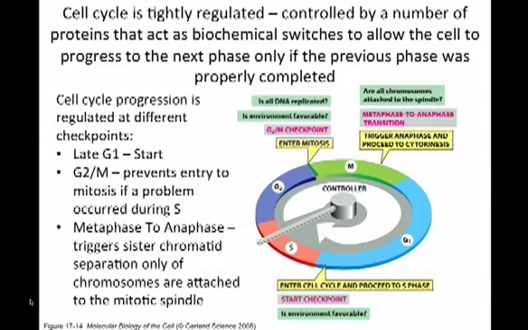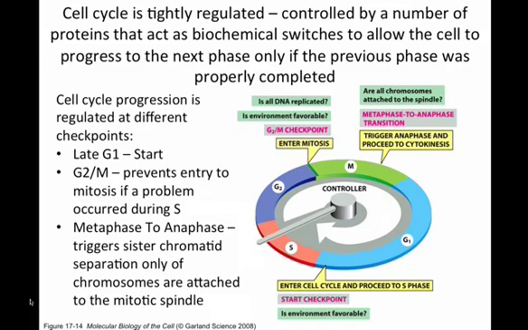Okay. So cell cycle, let's go back. Cell cycle is tightly regulated, right? I love to talk about regulation, and with everything in the cell, we always have to question how it is regulated. So it's controlled by a number of proteins that act as biochemical switches that only allow progression to the next phase of the cell cycle if the previous phase was properly completed.